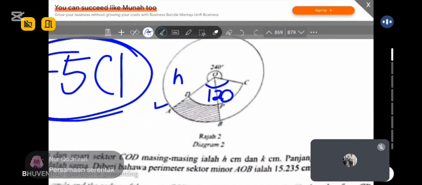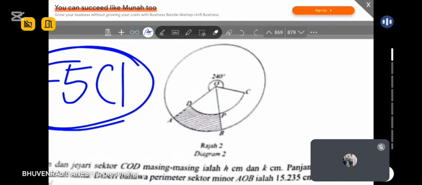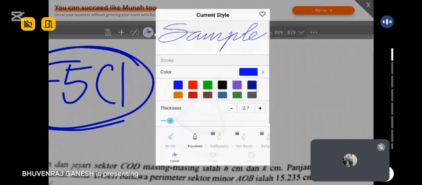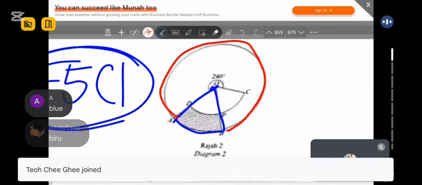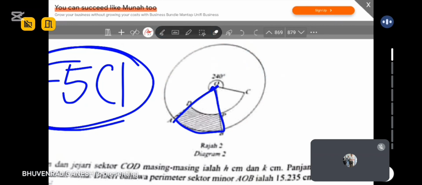Which one is the minor sector AOB? Biru atau merah? Yes, of course blue lah. Sebab minor maksudnya luas dia lebih kecil. Smaller area. So definitely it's the blue one.